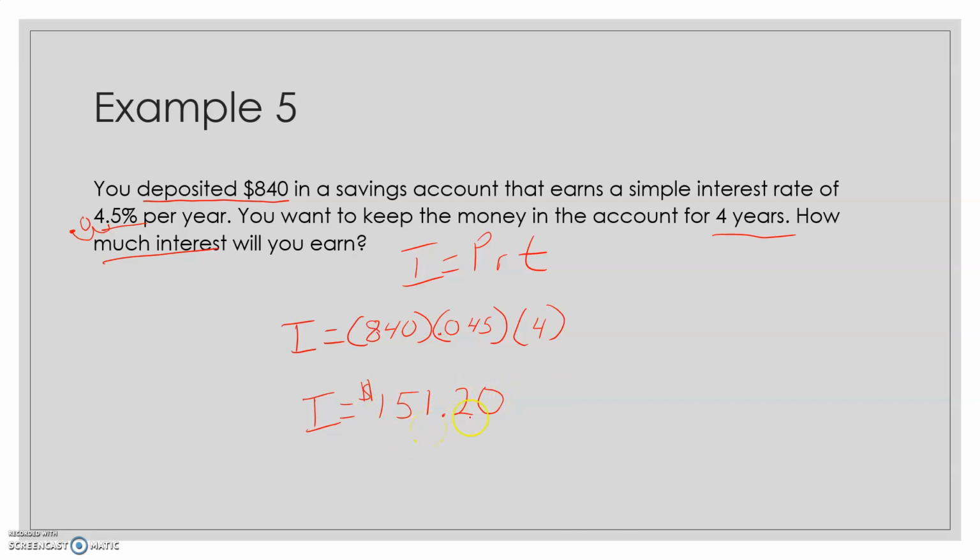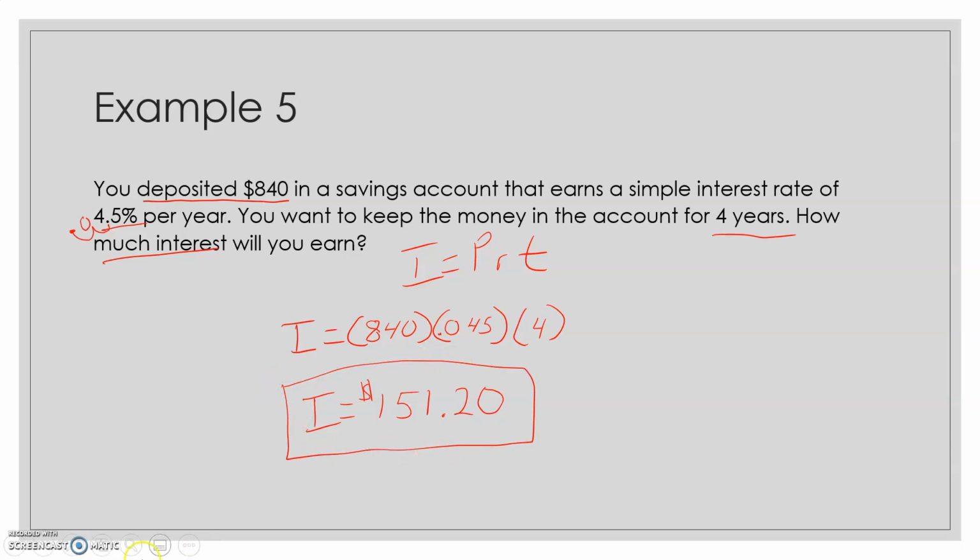Now, if we were asked how much total money will you get back, you should get back your principal, so we should have gotten back our $840, and you should get the extra $151. So if we were asked total amount, which we're not in this problem, our total amount we would get back would be $991.20. But in this case, it only asks us how much interest we earn, and that amount of interest we're going to earn is $151.20.